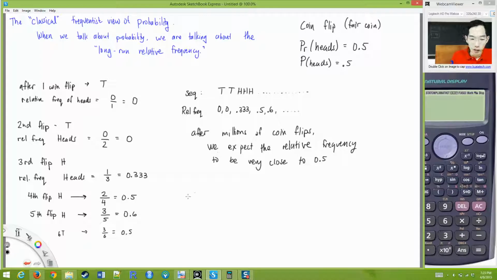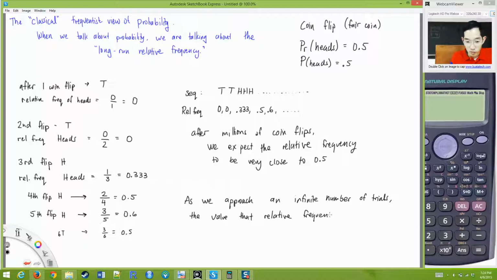Okay, so as we approach an infinite number of coin flips, number of trials, the value that the relative frequency approaches is the probability of the event.